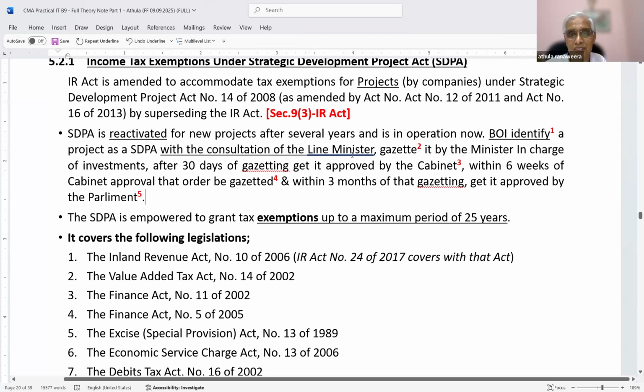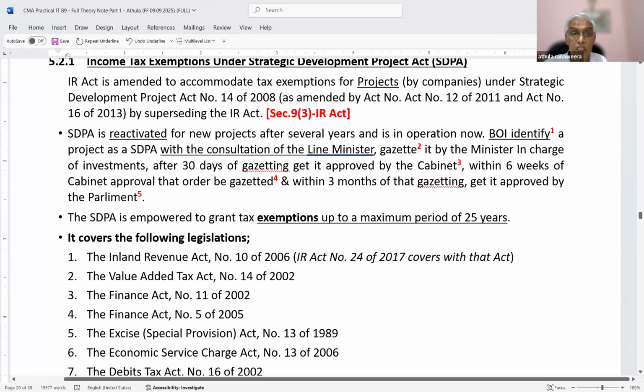The line minister. Then second thing, after that, gazette it. Once they recognize it, it should be gazetted. Who is gazetting? The minister in charge of investment. In Sri Lanka, the president goes and gazettes it in the capacity of finance minister.